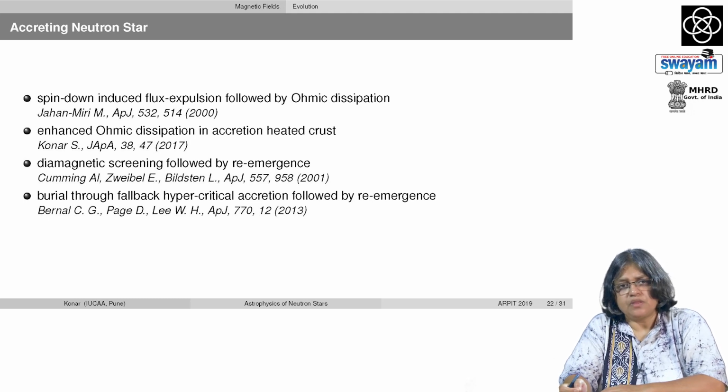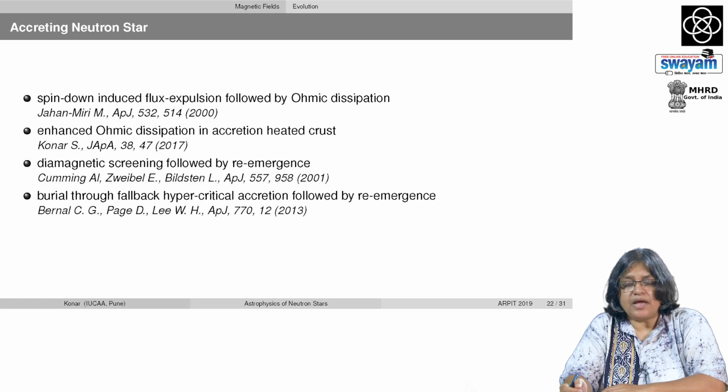There could also be processes of burial of the magnetic field through fallback hypercritical accretion that happens in a newly born neutron star. It may accrete from the supernova remnant, and that accretion may be hypercritical and the field really gets buried, and one expects that this field would also re-emerge over a time scale.